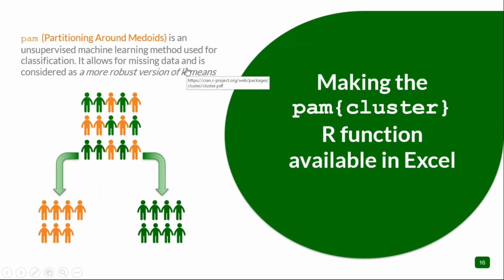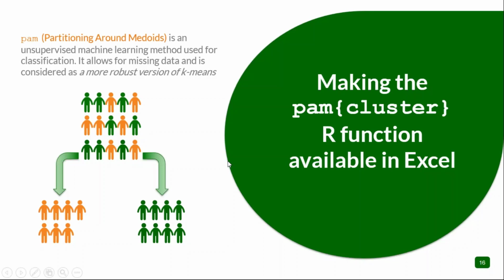One of the most popular tools of unsupervised machine learning for classification is k-means. But PAM is considered as a more robust version of k-means, and there's another very important advantage of PAM over k-means, that it allows for missing data. So this procedure can ignore missing data and perform classification.